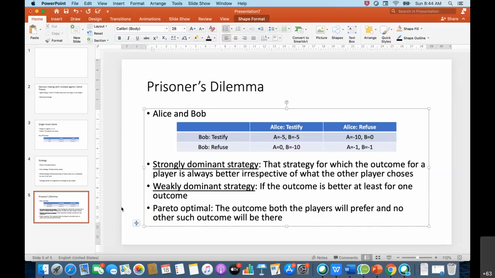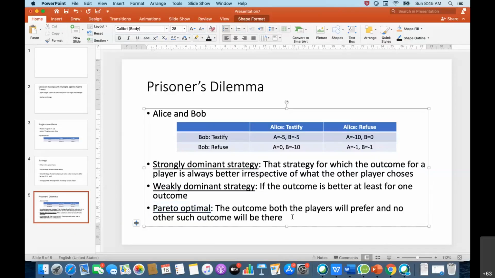This is called Pareto optimum. Okay. So these are the basic concepts of game theory: strongly dominant strategy, weakly dominant strategy, Pareto optimum.